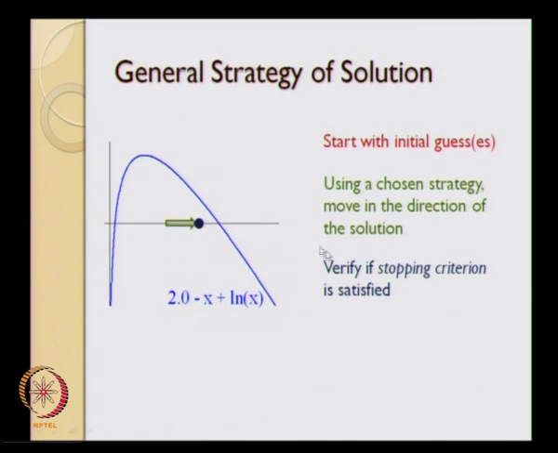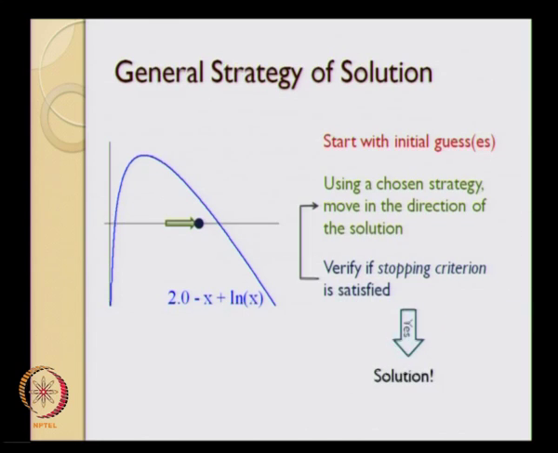In this particular case, the blue dot that we see over here is fairly far away from the actual solution. If you compute f of x at that point, we realize that it is also fairly far away from 0. We are trying to solve the problem f of x equal to 0, and f of x in this case is fairly far from 0. So we conclude that the stopping criterion is not satisfied.